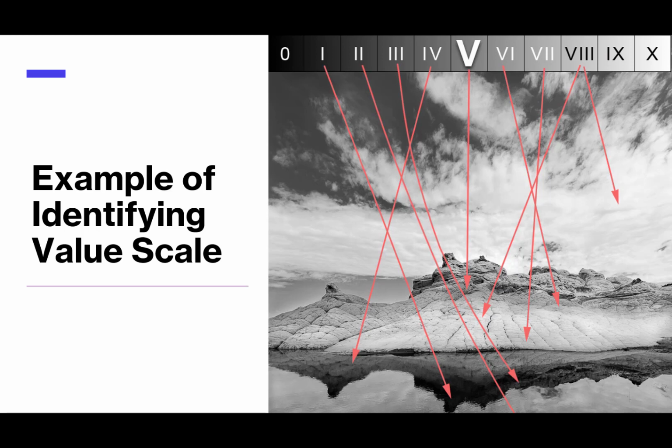And so here, they have the value scale up top, and then they're drawing a line, or you could simply, let's see, here is 5. You can also do it that way, where you just write a 5, 6, and then you have them numbered up here. Either way works in the identification.